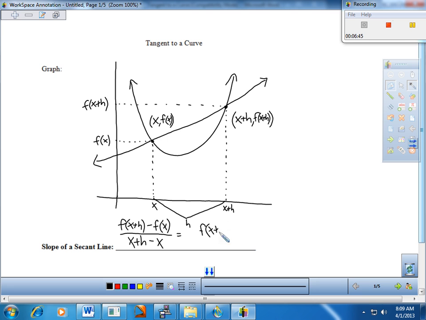Hopefully you can find a little more room. But I have f of x plus h minus f of x, and everybody, all of that is over h. Okay, box that up for me if you would. And that is the slope of the secant line according to my diagram. I hope everybody has that piece.